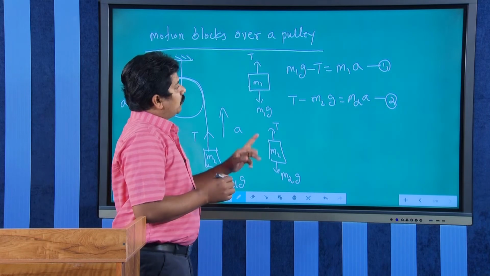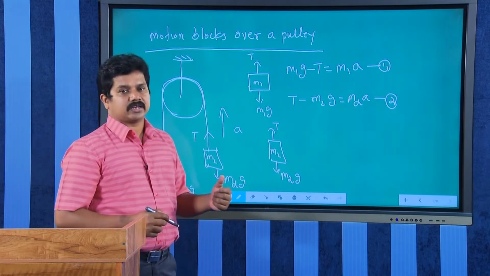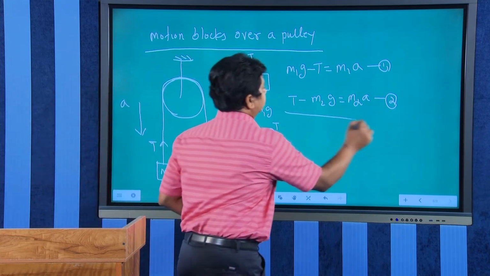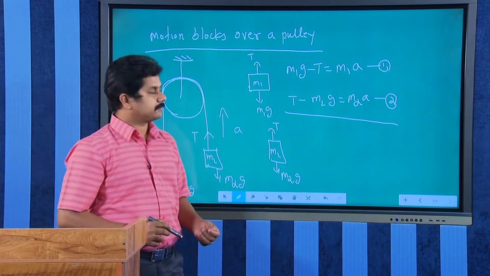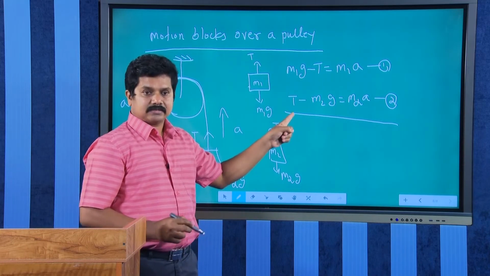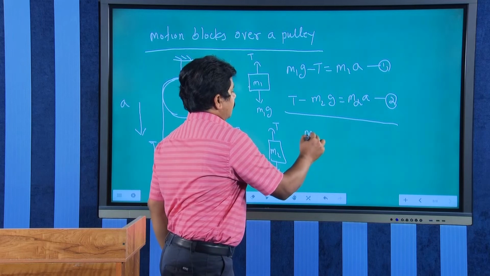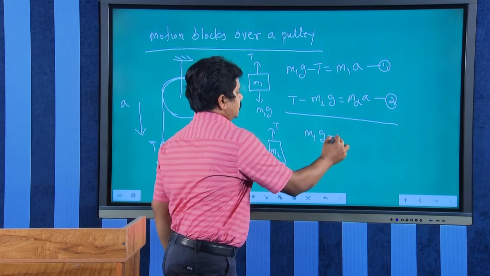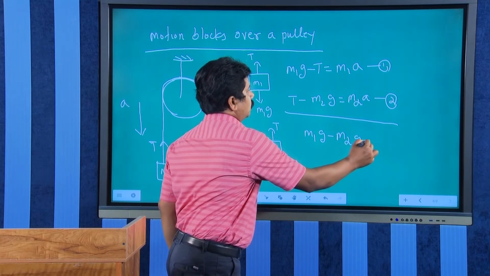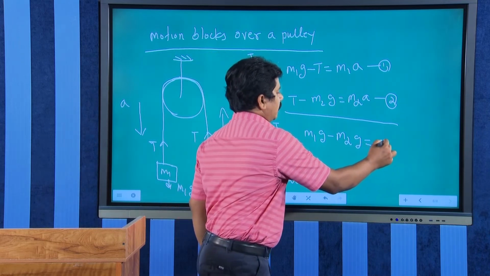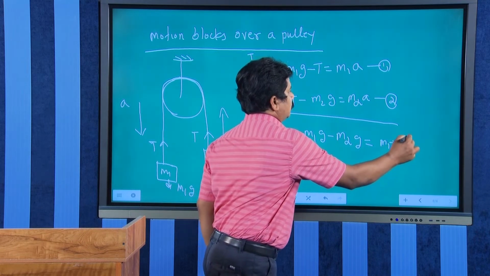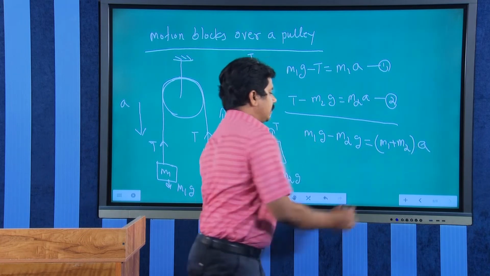Okay. Now, we need the acceleration. So, how do you find the acceleration here? Add these two equations. So, T gets cancelled. Now, we will get m1g minus m2g equal to m1 plus m2 into a, right.